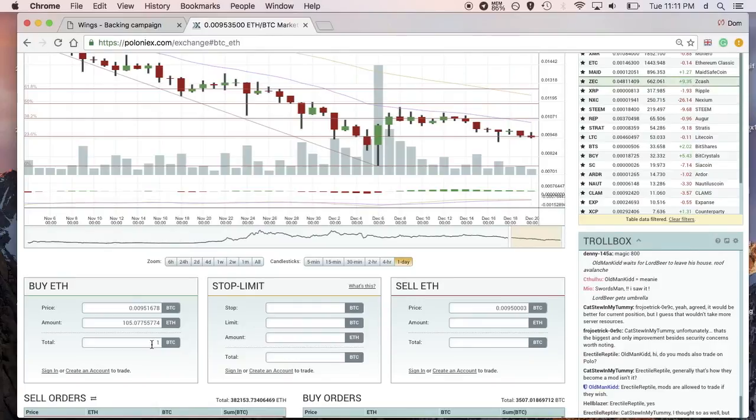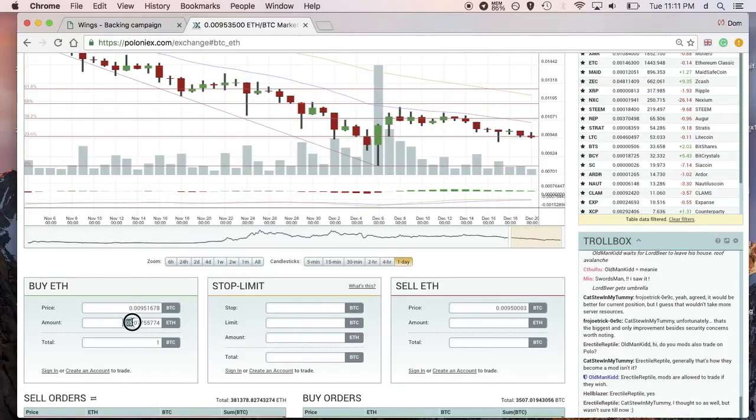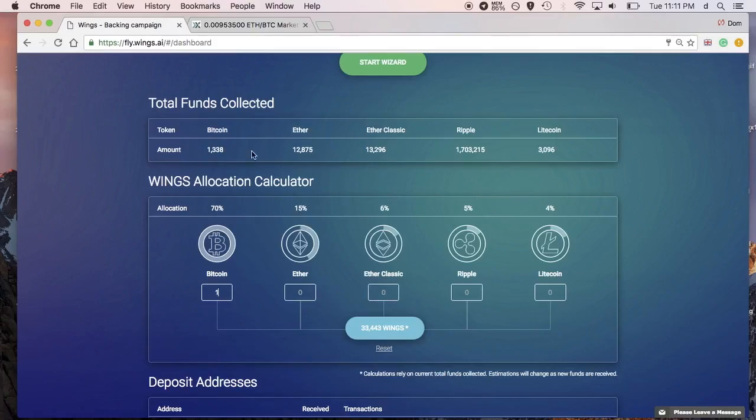So right now, 1 BTC gets me 105 Ether, and I could put that in here, paste that in, and zero that out. Click Estimate Tokens, and I could see that because there's an imbalance here, the estimate is a higher number than if I were just to use Bitcoin.